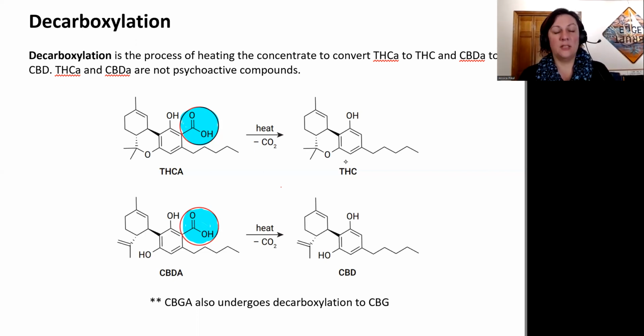This will happen over time, but with the application of a little bit of heat, the carbon and two oxygens of that carboxylic acid will form carbon dioxide. So this is really also producing this.